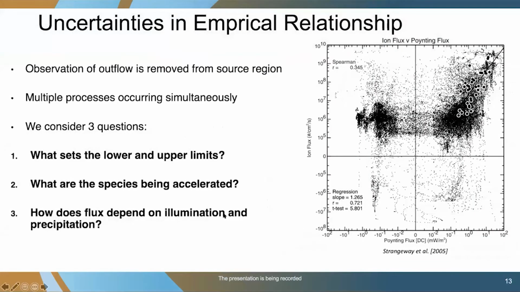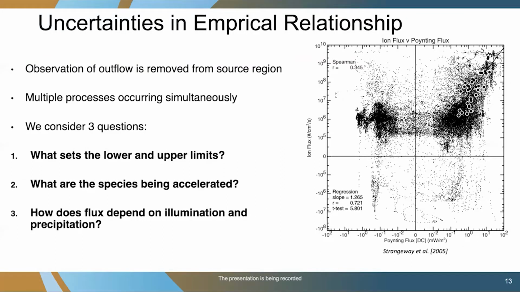So, there are a lot of uncertainties in the empirical relationship. In particular, we have some questions that we want to address. We want to understand what sets the lower limit of the ion outflow and what sets the upper limit. We want to understand, is this acceleration different for different species?